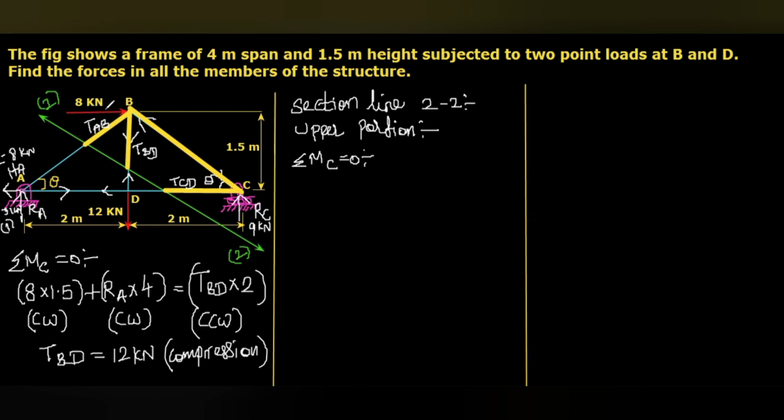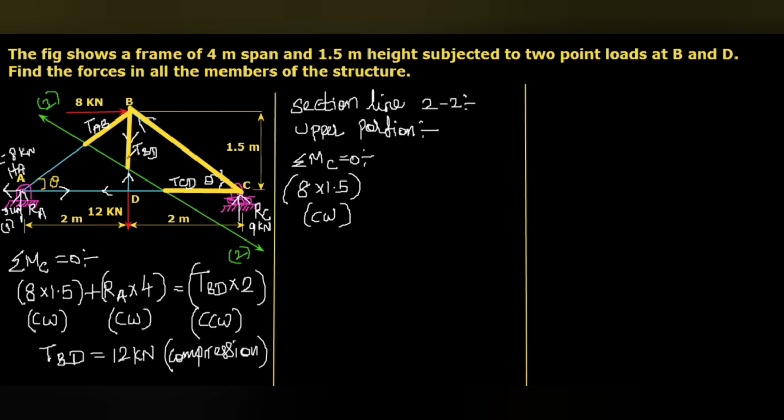You know that 8 kilonewton, do you understand? That means this 8 kilonewton is multiplied with 1.5. So 8 multiplied with 1.5, this is clockwise moment.